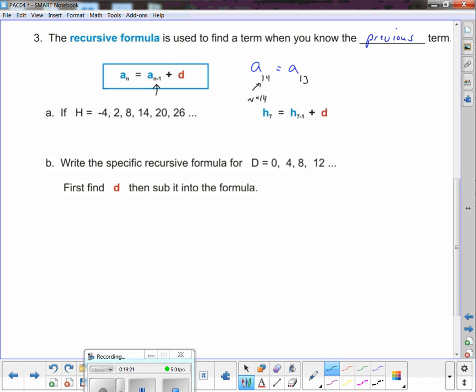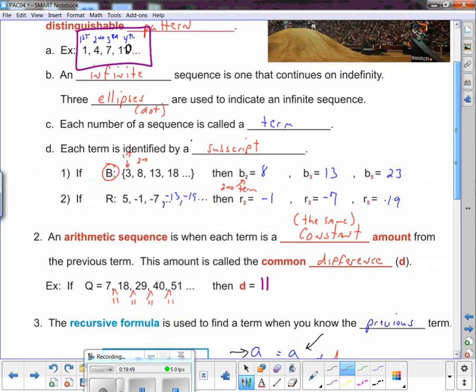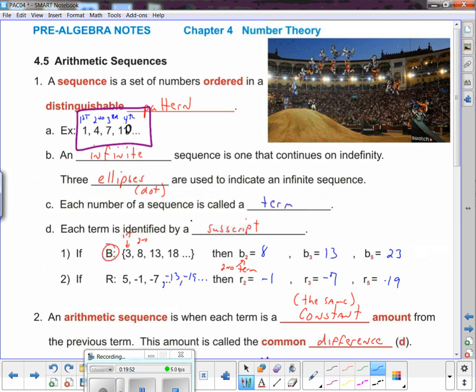Remember, the recursive formula allows you to find a term if you know the previous term. So we're looking for the 14th term. If we know the 13th term, all we got to do is add to it the common difference. Isn't that what we did in our heads a minute ago? Watch, let me go back. Way back up here, when I asked you for the next term, which would have been the first, second, third, fourth.